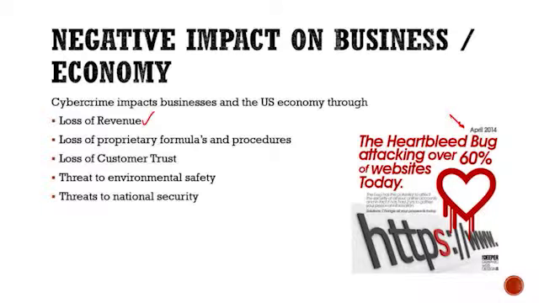But now that everything is based on networking and IP, there's a lot to cover, there's a lot to secure, right? Also, loss of proprietary formulas and procedures is very damaging for businesses. Loss of customer trust. Take the Target incident, for example. Target has lost lots of sales and trust of customers because of the data breach whenever people stole the credit card information from their cash registers.